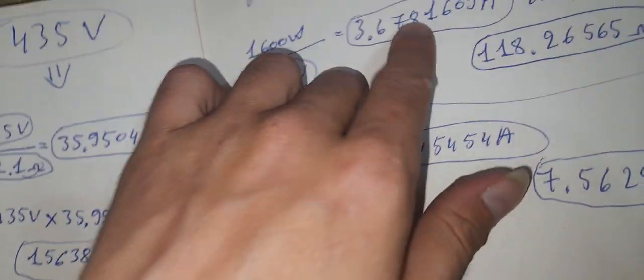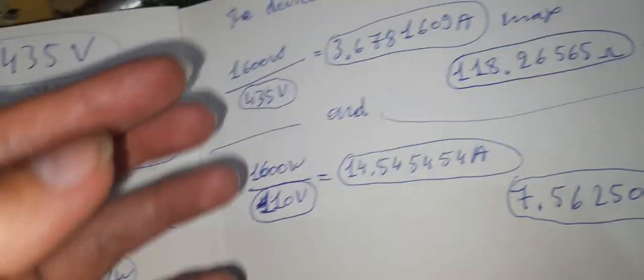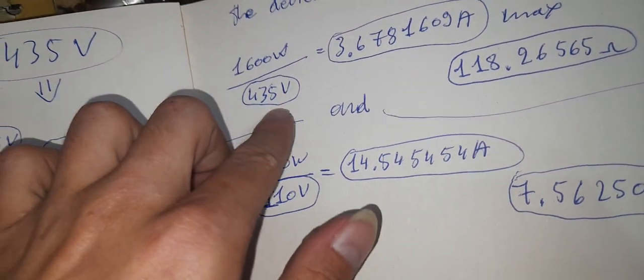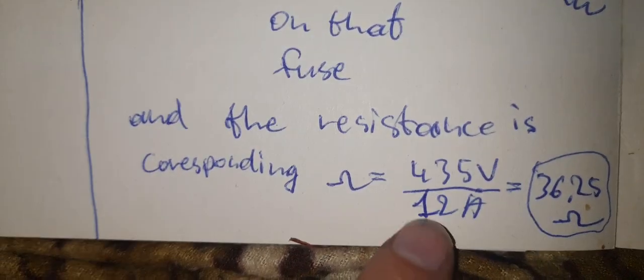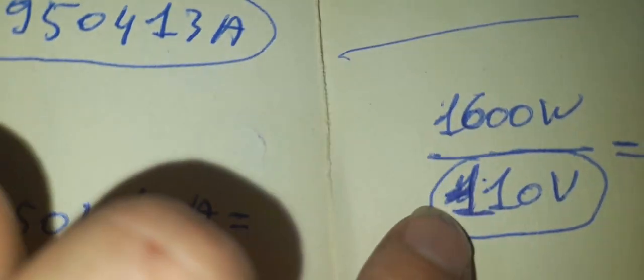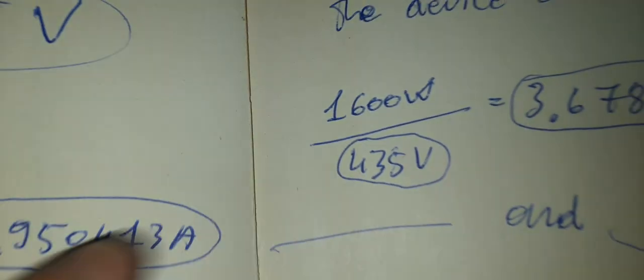But in place of that, because I didn't know that the voltage was 435 volts, the fuse was rated 12 amps because it's supposed to work at 110 volts, not at 435 volts.